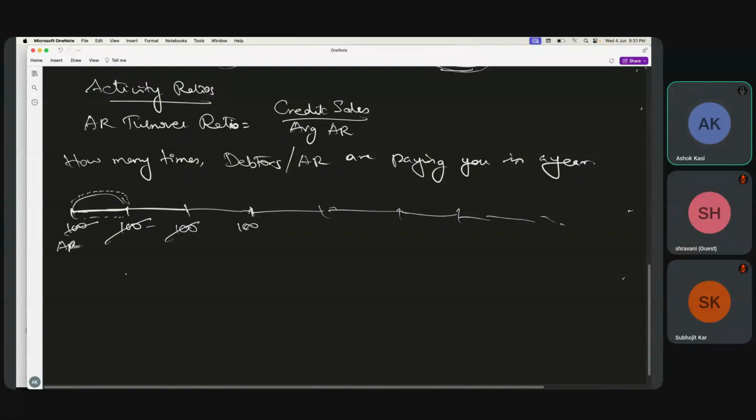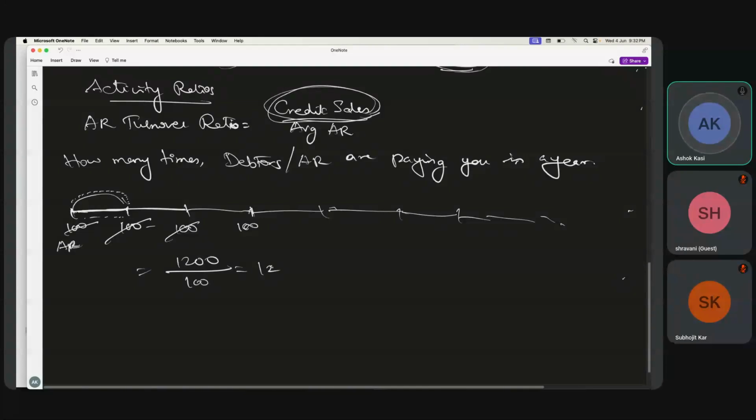So when you keep doing this, what is the total sales you have done? 12 times in a year, every month it is happening, right? So 1200 you have done in sales in a year, 12 times. And every time, the receivable that you have in your book is 100.